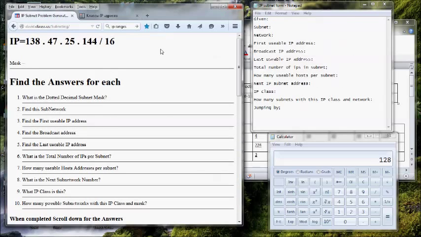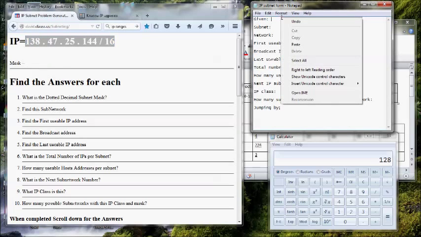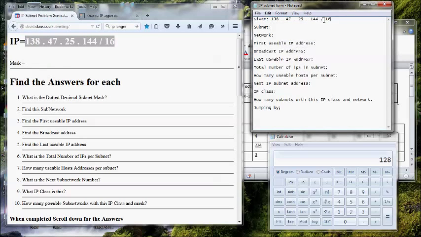Alright, so we're going to do another example of the IP subnet problem generator and how we solve that. So we're starting with this given IP address, and we'll paste it into our form, our worksheet, and we're going to tidy it up.